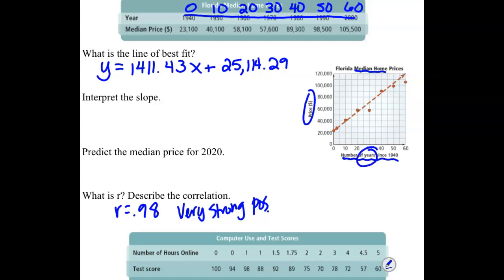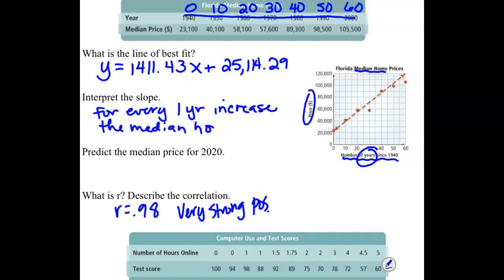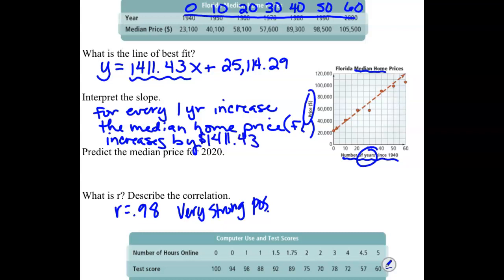Y over X. So we would say that for every 1 year increase, the median home price for Florida increases by our slope here, $1,411.43. Okay, so each year from 1940 on, our median price is averaging an increase of $1,411.